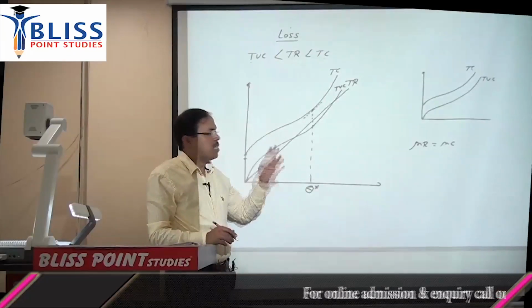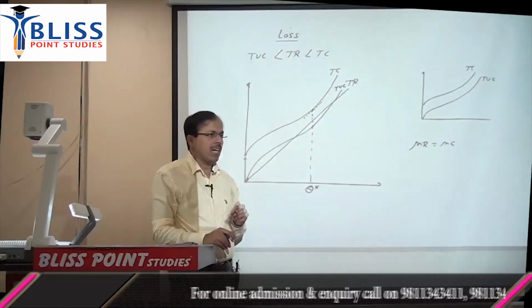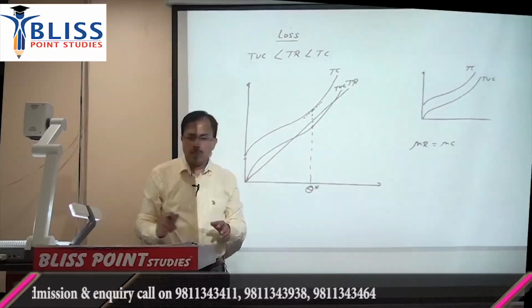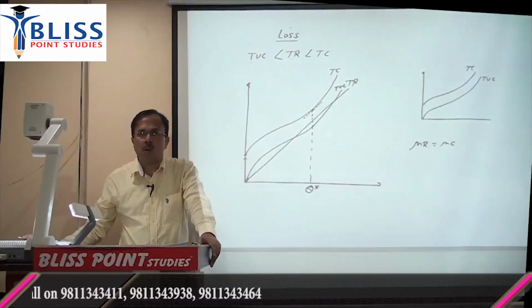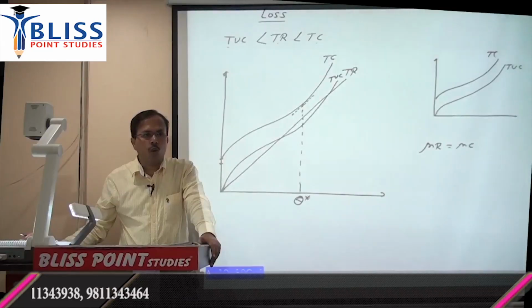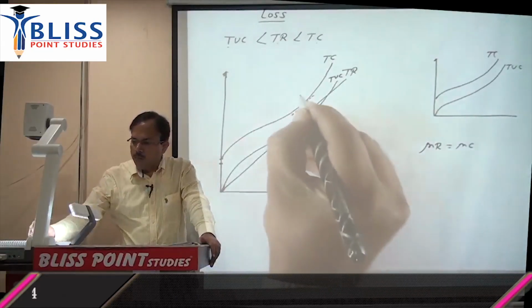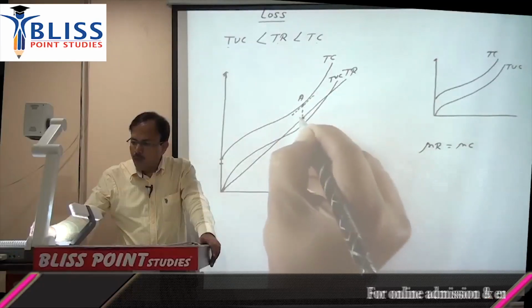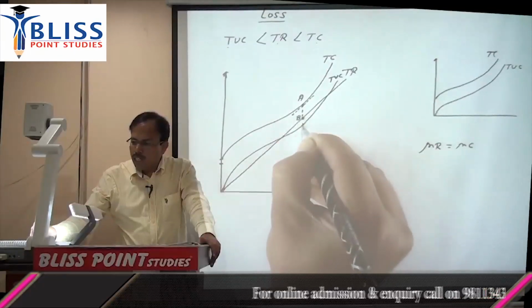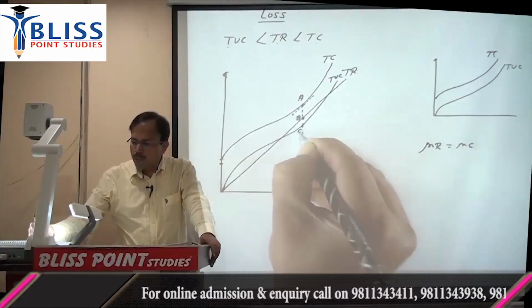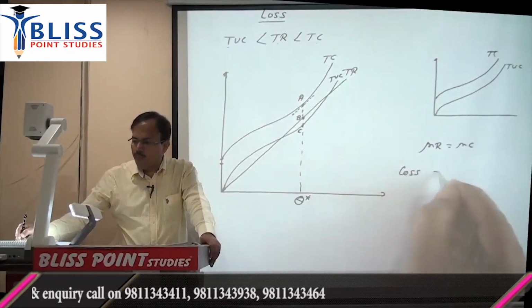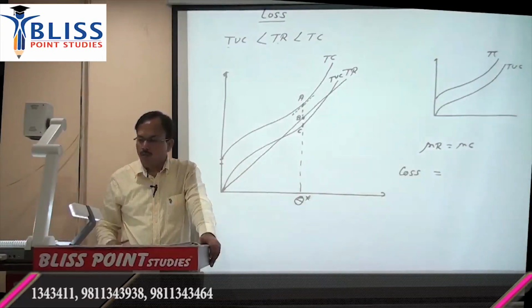So graphically, which distance is loss and which distance is operating profit? ग्राफ के अंदर कौन सा डिस्टेंस लॉस है और कौन सा डिस्टेंस ऑपरेटिंग प्रॉफिट है? I am marking the points. This is point A, this is point B and this is point C. So which area or which distance is loss?